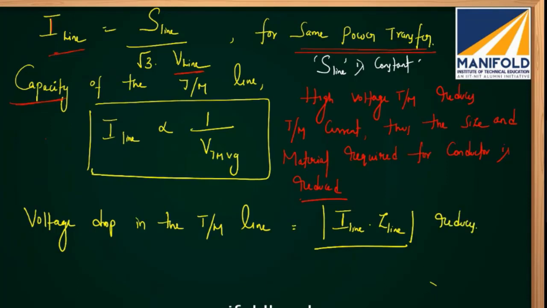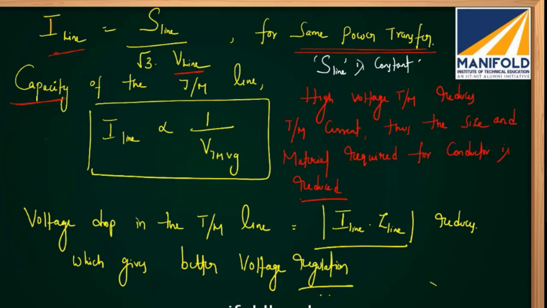Understand? Once the current flowing through the transmission line reduces, then the voltage drop in the transmission line also reduces, which gives better voltage regulation.